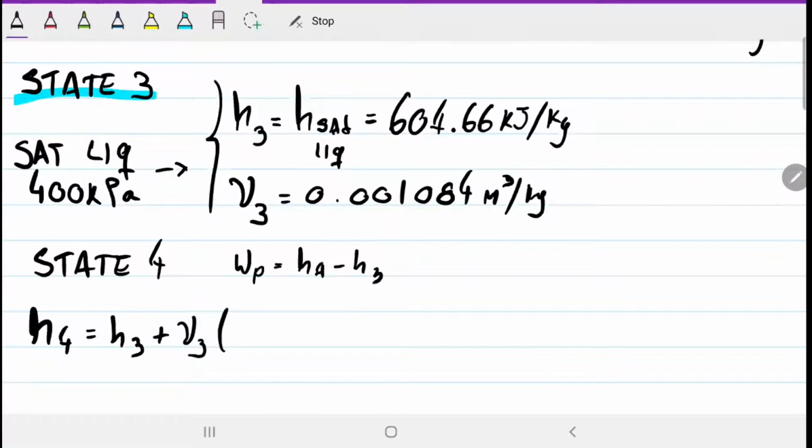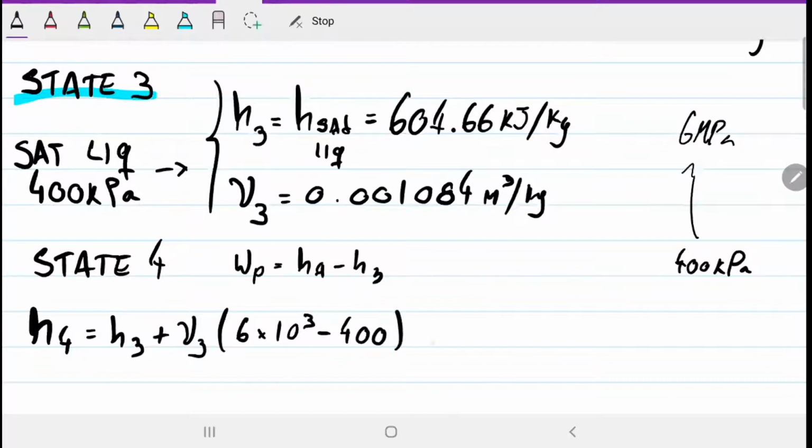Now this time we're going from the 400 kilopascals all the way up to the 6 megapascals. This is a bigger jump in the pressure scale. Make sure I have kilopascals to maintain my kilojoules per kilogram. And I got H4 to be 610.73.